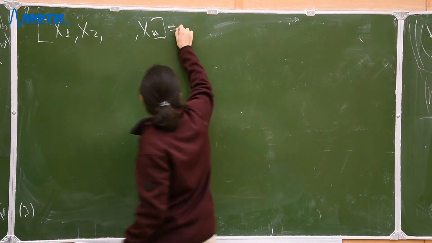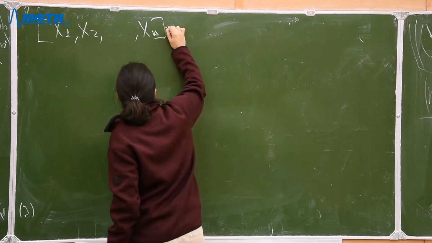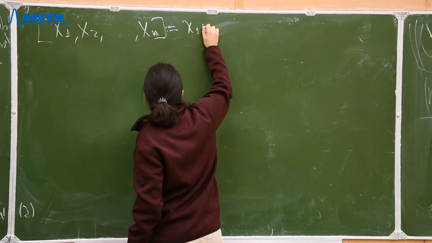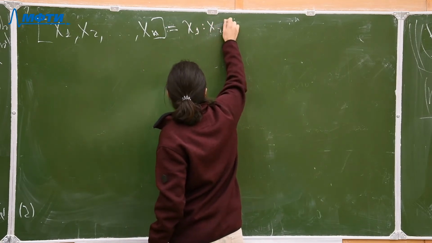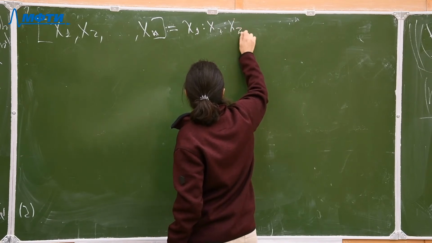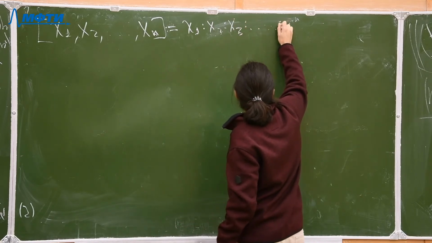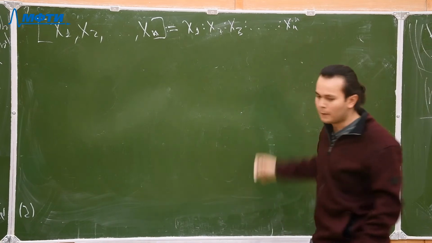By definition, this will be equal to x1:x2:x3 and so on up to xn.